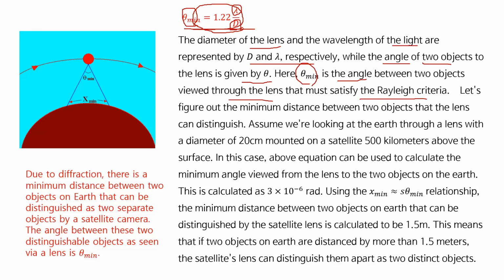Let's see an example here. Let's figure out the minimum distance between two objects that the lens can distinguish. This is a satellite orbiting around Earth.